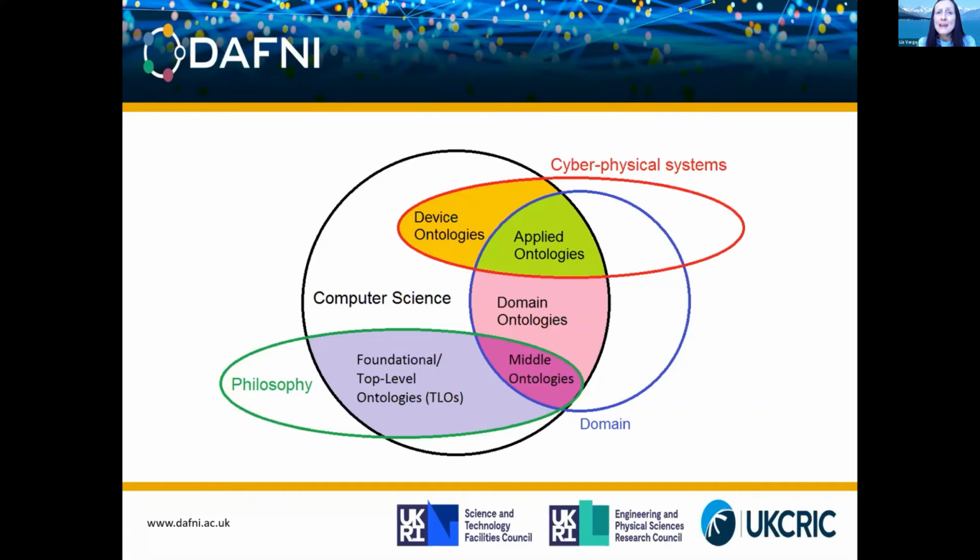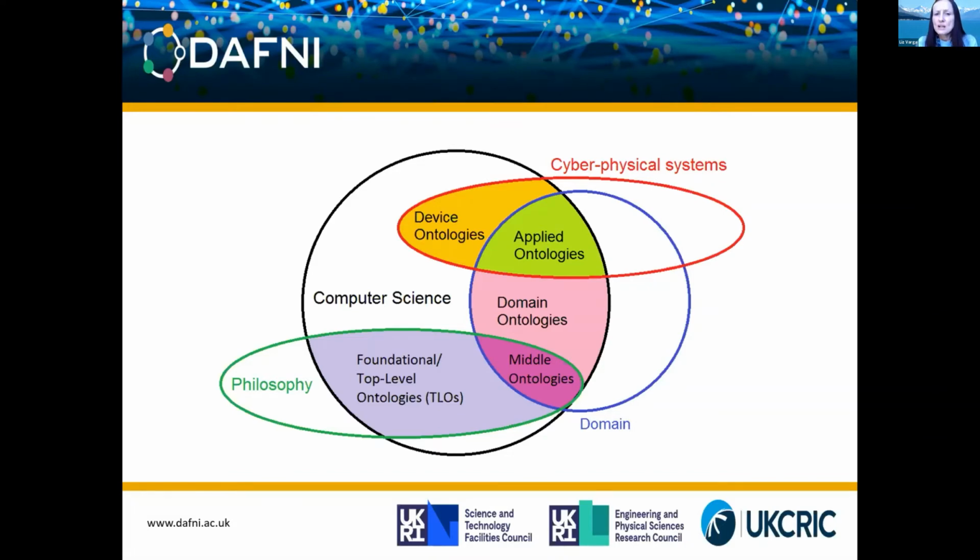Now, when we look at the domain of interest, so this could be an energy system, a transport system, or indeed a water, energy, food nexus, whatever the domain is, we have domain ontologies. Where domain ontologies are different from top level is that they describe the components of that domain. They overlap with the top level ontologies in terms of these middle ontologies, which have aspects of both domain and top level.